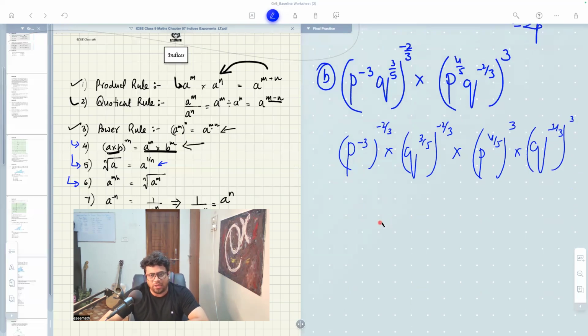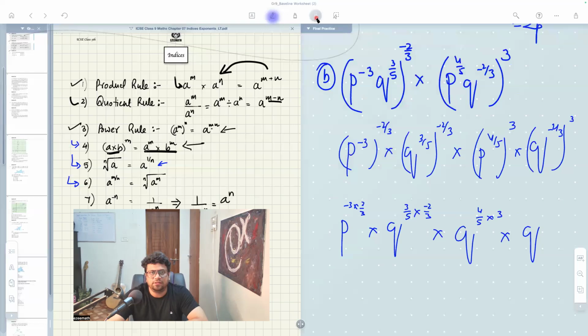Well, the power rule now: minus 3 into 2 by 3, 3 by 5 into negative 2 by 3, 4 by 5 into 3, and q, oh sorry, that's not a q, it's a p. And q minus 2 by 3 into 3.